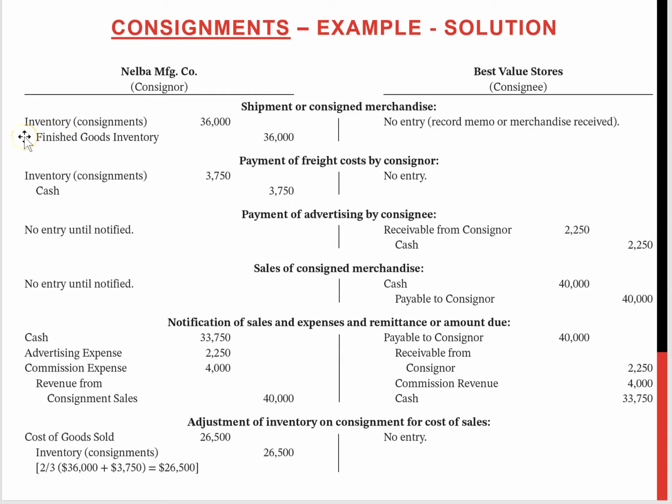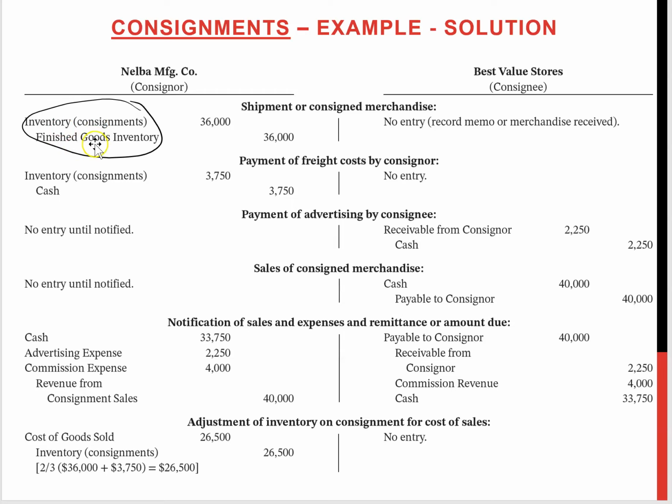When the consignor transfers the products to the consignee, they will reclassify their inventory. This probably is a new type of journal entry. You haven't seen it. At this point, they just transfer or ship the goods to the consignee or the dealer who will sell the goods on behalf of the consignor.